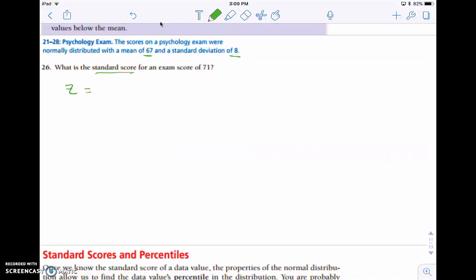So this would be z equals, you take that data value minus the mean, 67, over the standard deviation. Excuse me, 8. Got ahead of myself. 71 minus 67 is 4. So this is 4 over 8, or 1/2, 0.5. So this tells us that the data point 71 is 0.5 standard deviations above the mean.